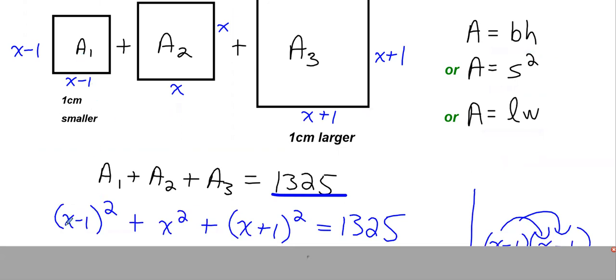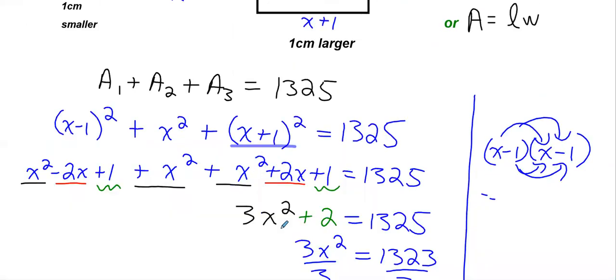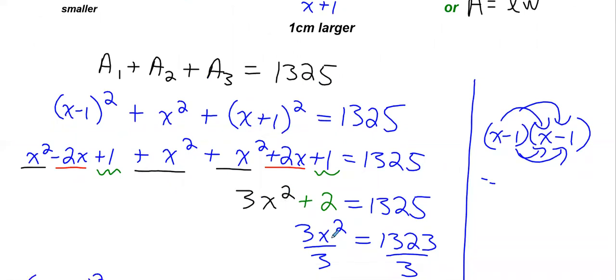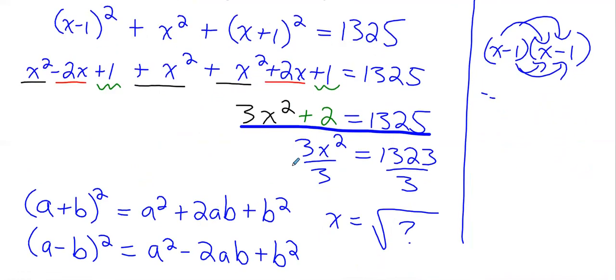A1 is the smaller one, A2 is the original one, A3 is the larger one, and you're going to have to use the distributive property to expand and simplify, and then solve for x any way you can. So this is an example of solving quadratic equations. I know this isn't complete. It's just a matter of showing you the process. All right, so hopefully this gives you a little insight into solving some of the problems.